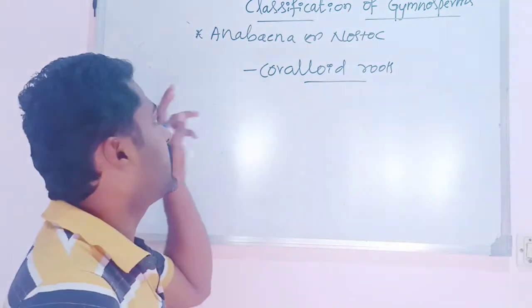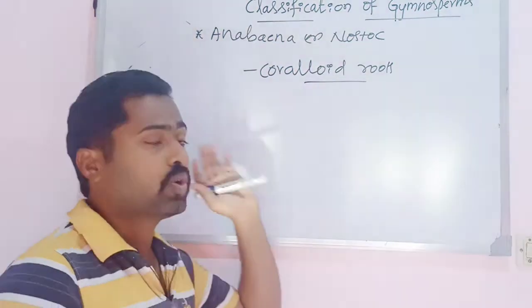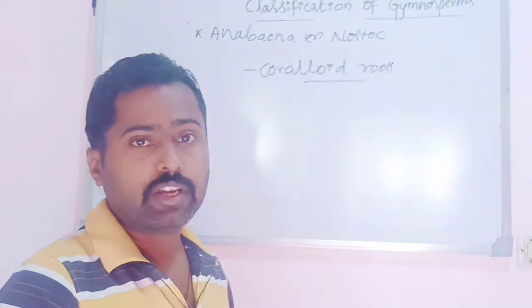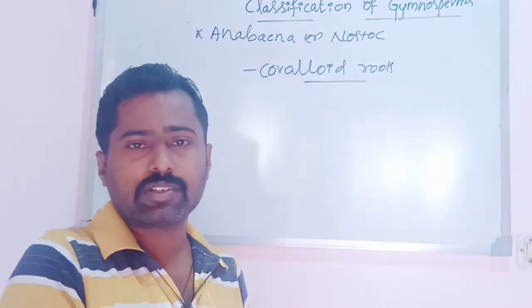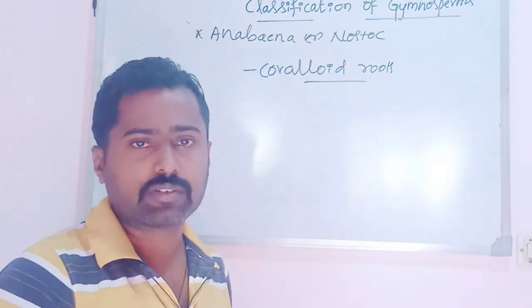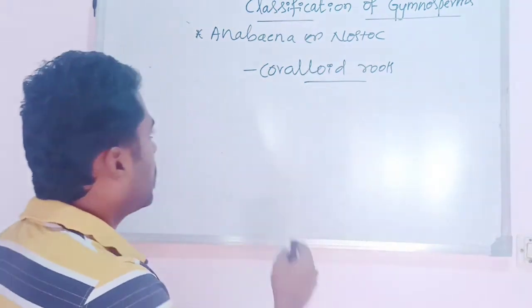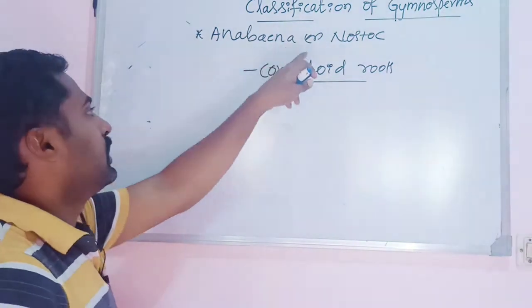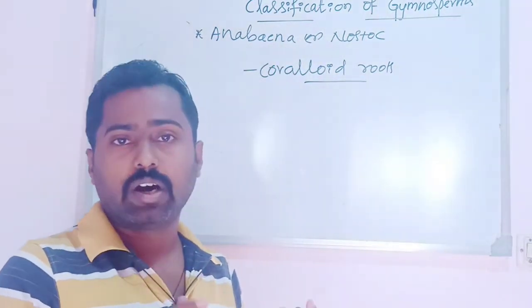One such kind is the coralloid roots, which are also negatively geotropic in nature. They creep just above the surface, so we can see the coralloid roots on the surface of the soil. Within them they bear Anabaena and Nostoc, showing symbiotic association.